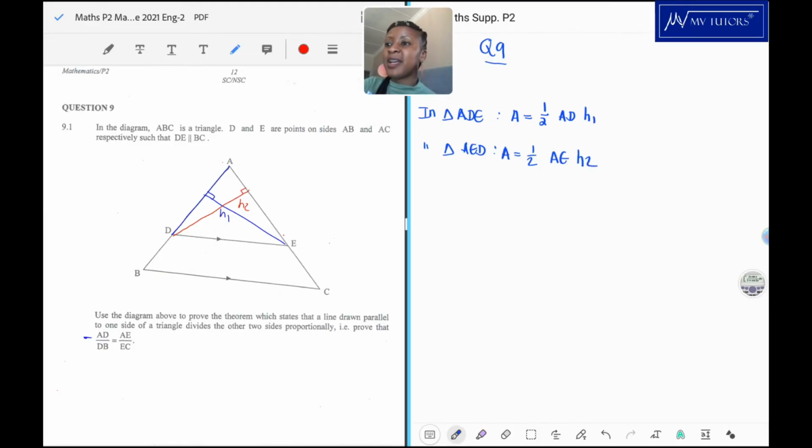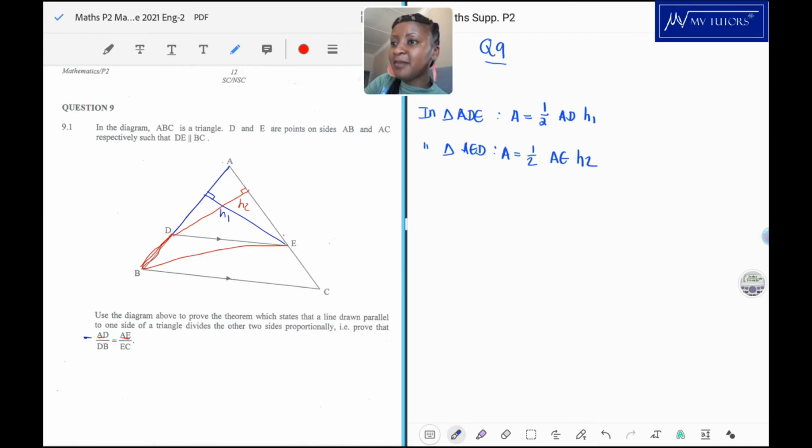Okay, so I have a portion of the AD part, I have a portion of the AE part. Now DB. If I look at a triangle, so now I have DB, my triangle DBE.